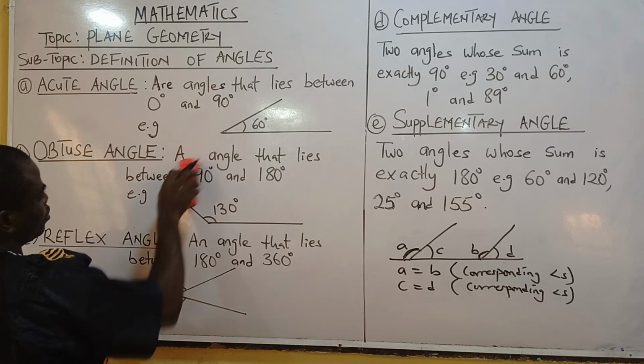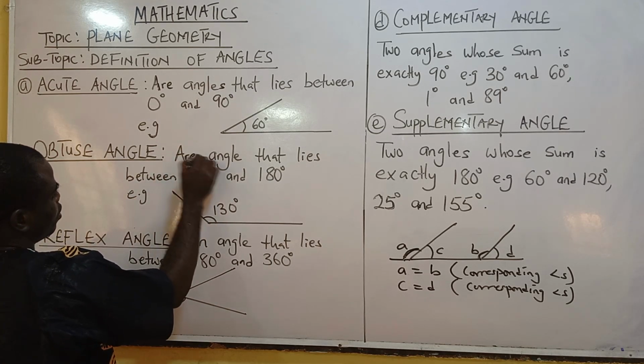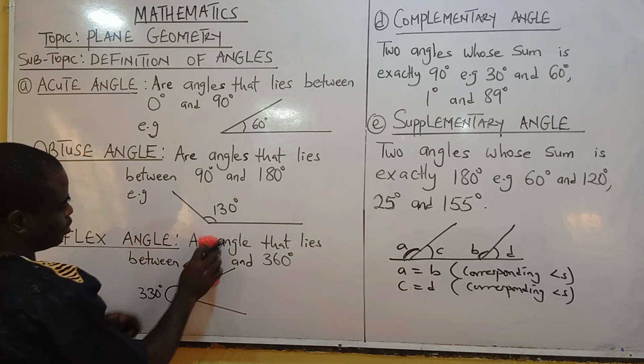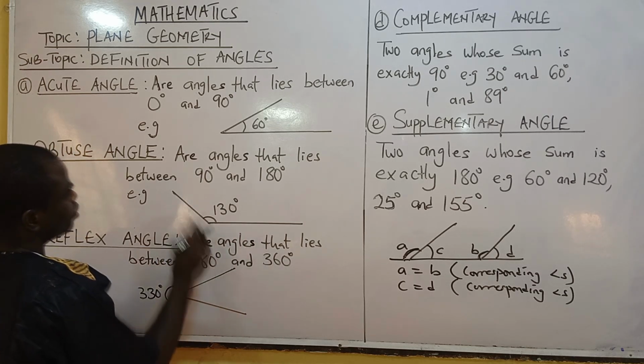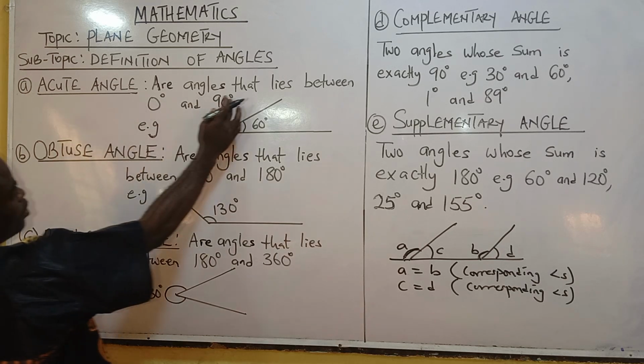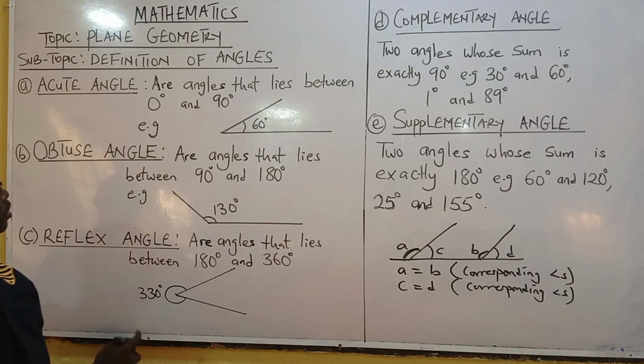Acute angles are angles that lie between 0 degree and 90 degree.